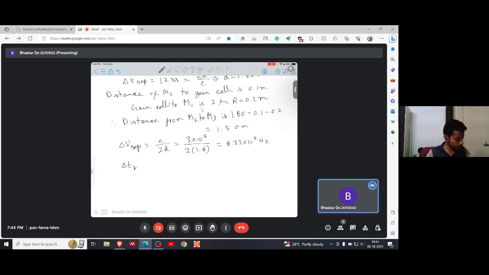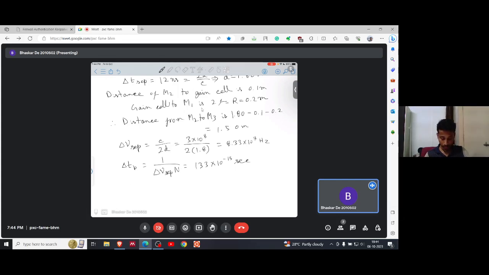Delta tp equal to 1 by delta nu shape n. So the delta nu shape is 8.33 into 10 to the 7 hertz. So the separation between the frequencies is 8.33 into 10 to the 7 hertz, and then the delta tp, which is given by 1 over delta nu shape n, is already given as 133 into 10 to the minus 15 second.